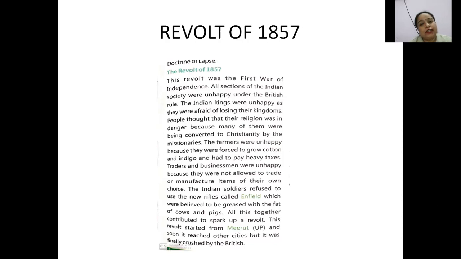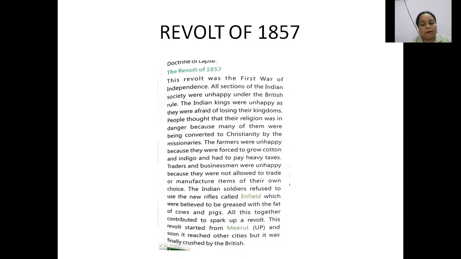Because Christian people were less in number, so they wanted more and more Christian people in India. So they wanted to convert them, and many of them were being converted. A large number of Hindus, Muslims and people of other religions were being converted into Christianity.